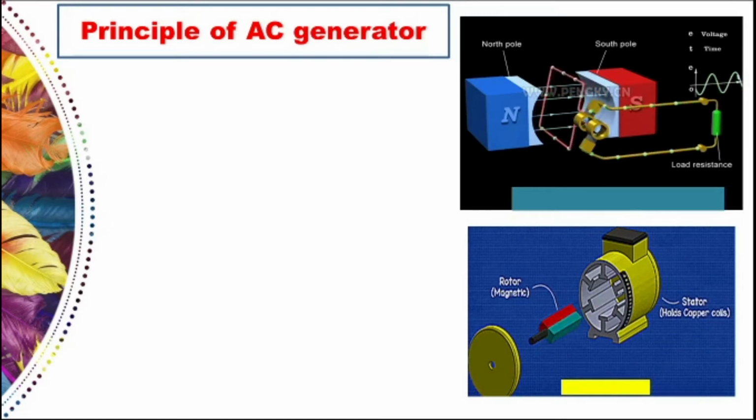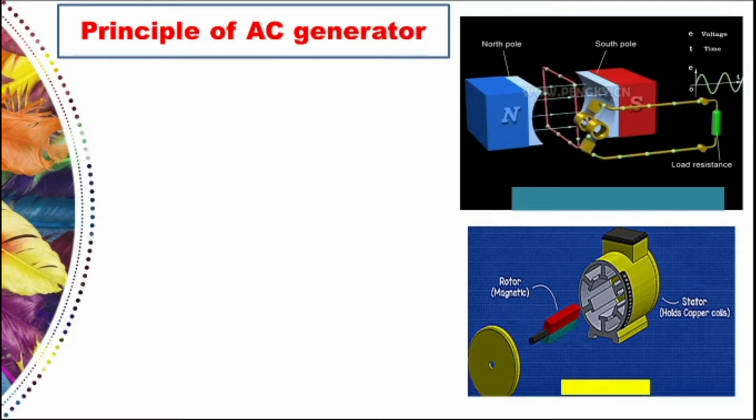A generator can generate both AC and DC currents, while an alternator or AC generator can generate only alternating currents. There are many more differences also. So, we should often use the word alternator, which means only alternating current generation.